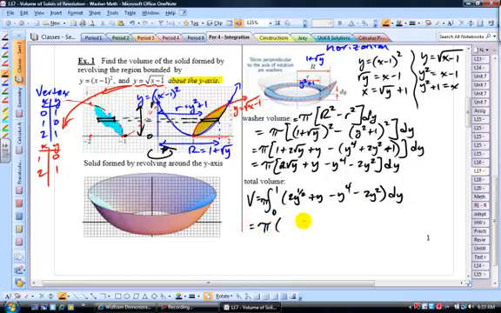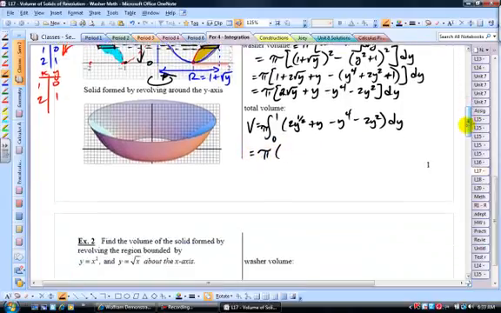Once I integrate, I have 2 times y to the 3/2 divided by 3/2, which is 2 times 2/3 or 4/3, y to the 3/2, plus y squared divided by 2, minus y to the 5th divided by 5, minus 2y cubed divided by 3, all evaluated from 0 to 1.